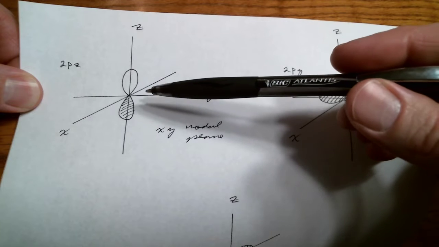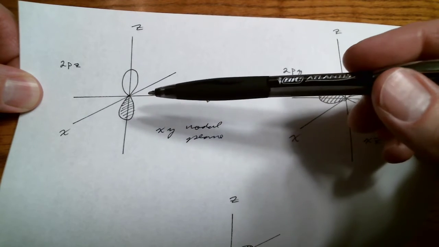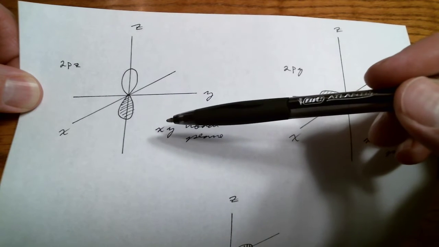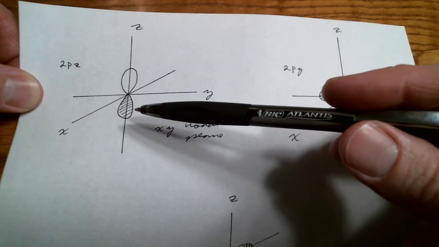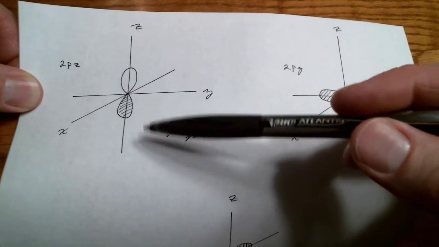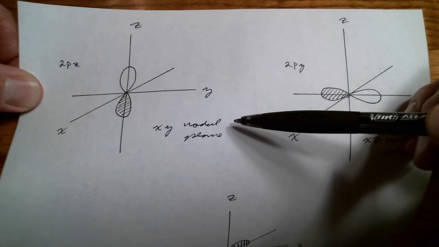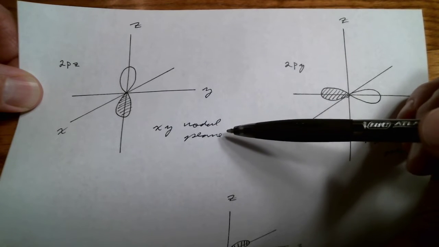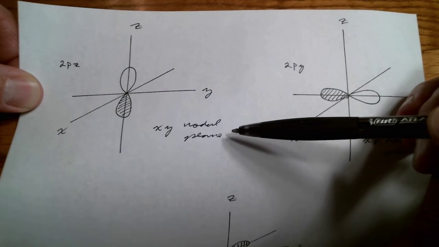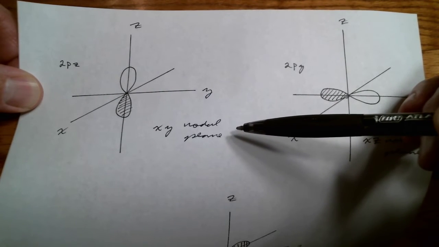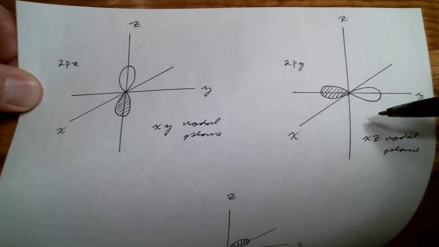For the 2pz orbital in particular, we have a positive lobe that rises above the xy plane, and then we have a negative lobe that goes below the xy plane along the z-axis. The xy plane, in fact, could be described as a nodal plane. That is, you cannot find electron density in that xy plane. It drops to 0 for our 2pz atomic orbital.